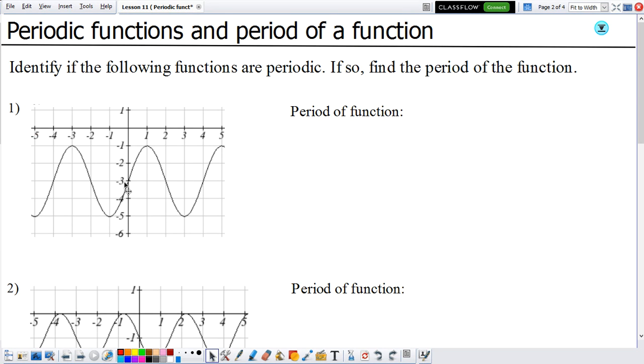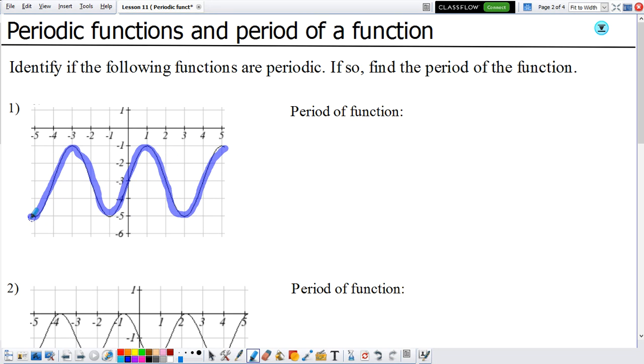Like I said, we want to identify if the following functions are periodic, and if so, we need to find the period of that function. Now, let's look at the first graph here. Let's analyze it. The first thing to see is, does it follow a shape? I see that it has this kind of snake shape, and it's always hitting those same spots.